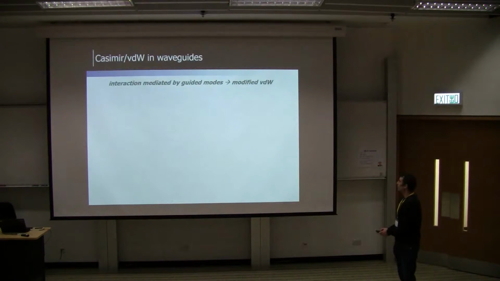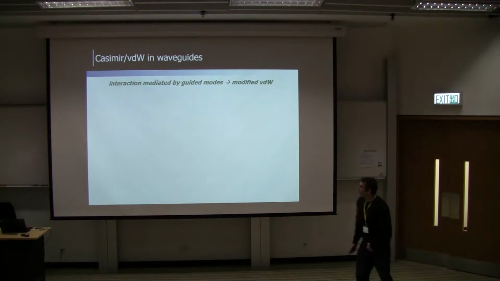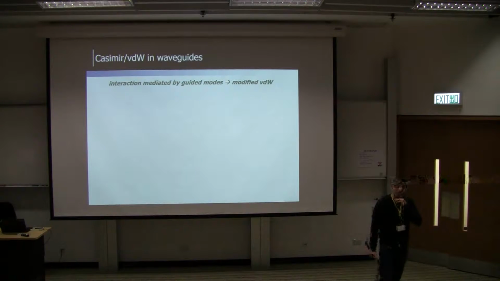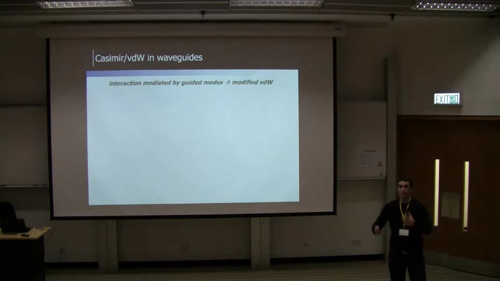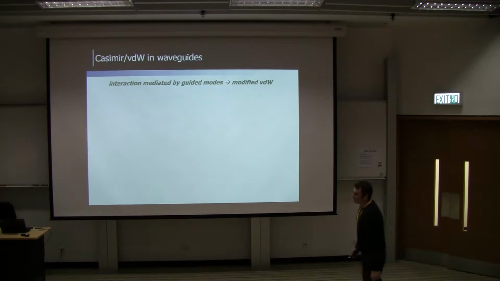All right, so the beginning of this is you can start considering van der Waals interaction or Casimir nearby electromagnetic environments, like confined environments. People have discussed surfaces and so on, but I will talk about waveguides.